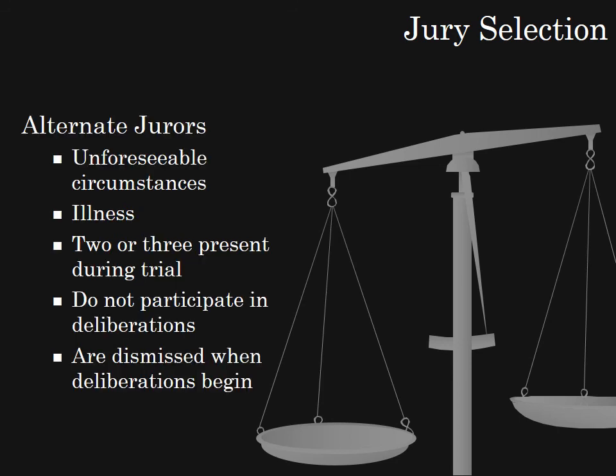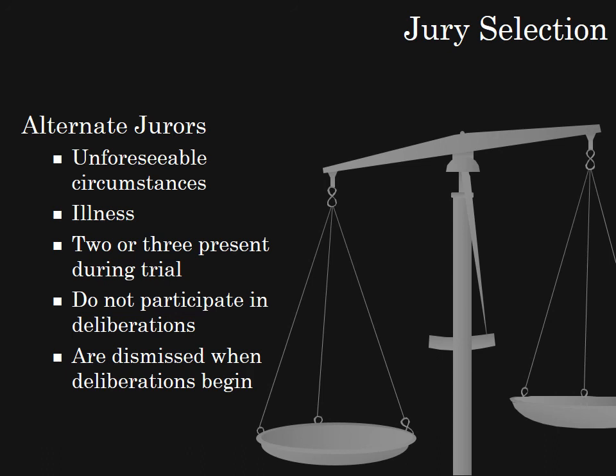There will also be certain alternate jurors, depending on the case and how long it is expected to go on. You could have one to three or more, because sometimes things happen and people cannot continue as a juror.